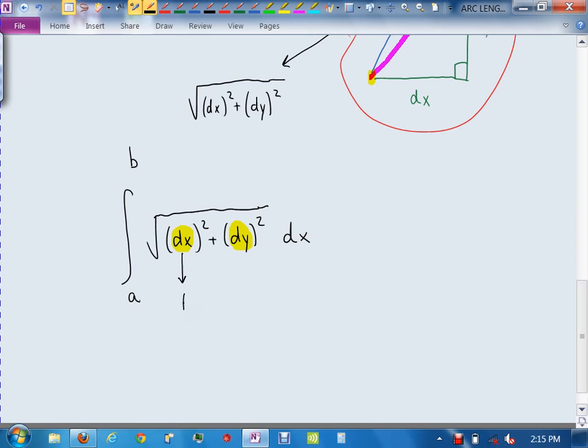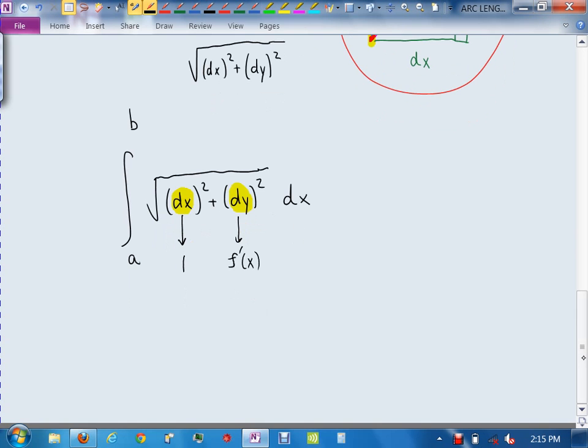But then what's dy dx? That's f prime. That's the derivative of the function, isn't it? So this is f prime of x.